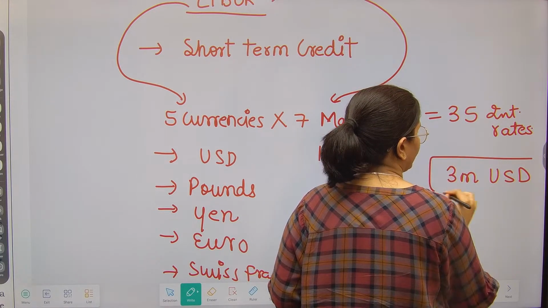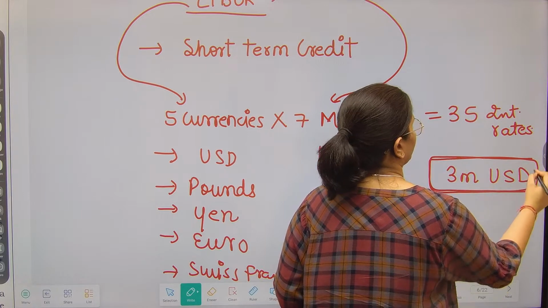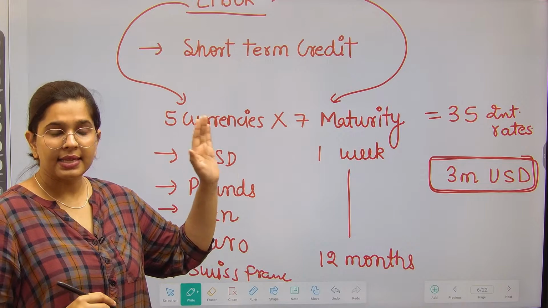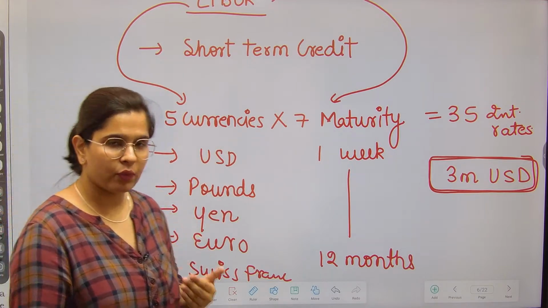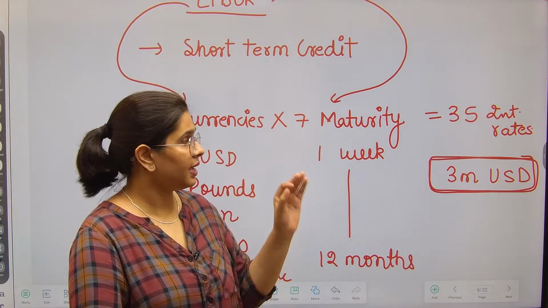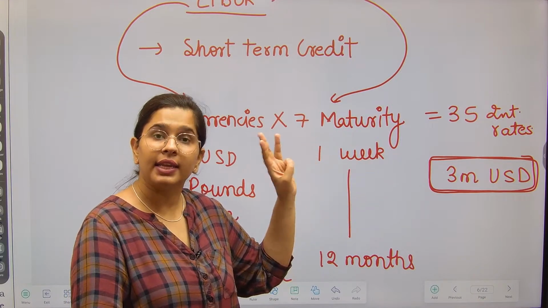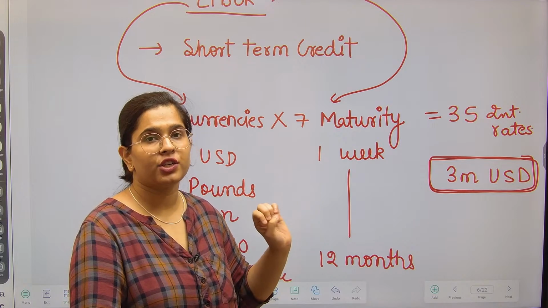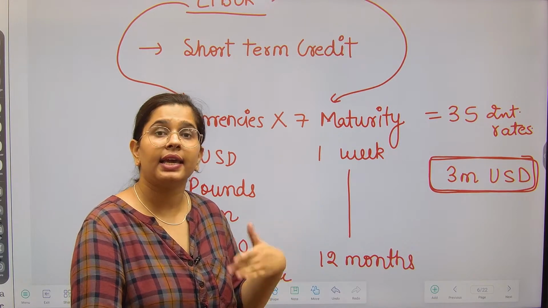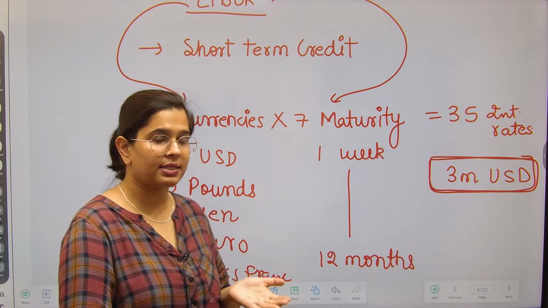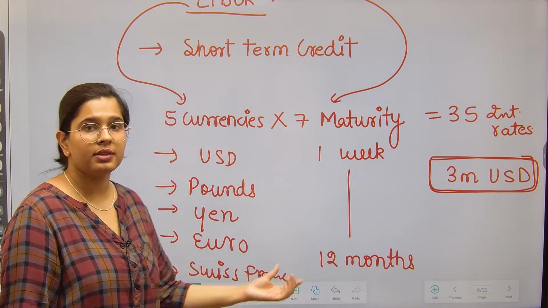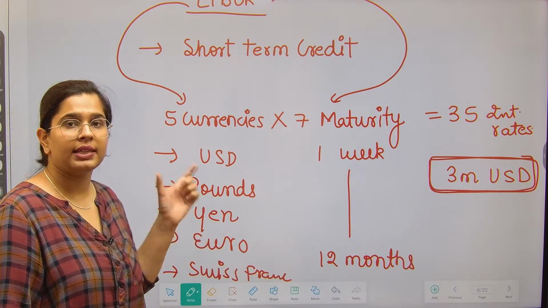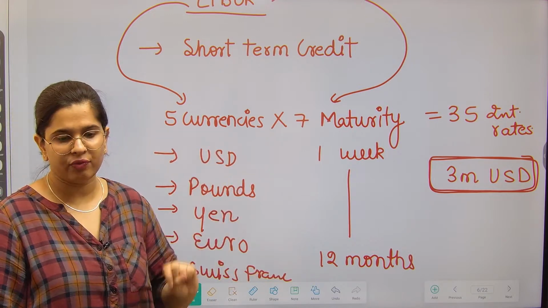This means, I'll tell you, this is the most used one. If someone requires funds in US dollars for a 3-month period, then what will be the interest rate charged for it? Similarly, if someone requires an amount for 12 months in euros, then there will be a separate rate for that.